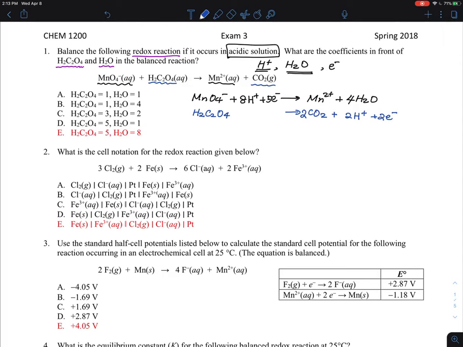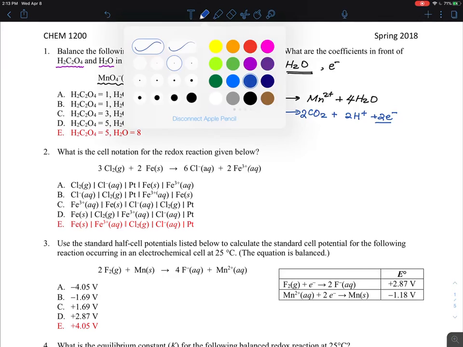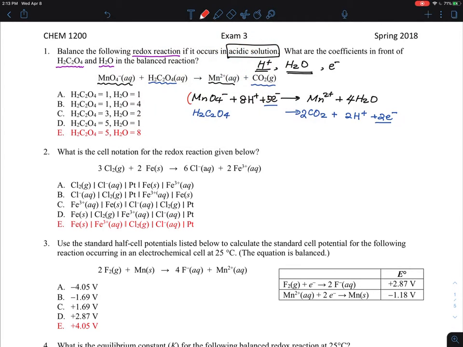So the reaction on top has 5 electrons. This is a reduction reaction, and the reaction at the bottom is an oxidation reaction. What I want is to multiply the top by 2, which makes it 10 electrons, and the bottom by 5, which makes 10 electrons.